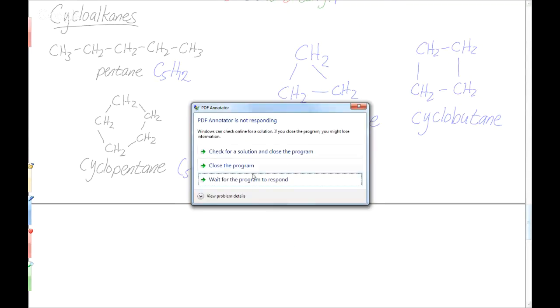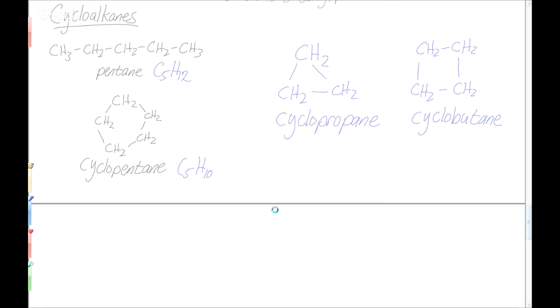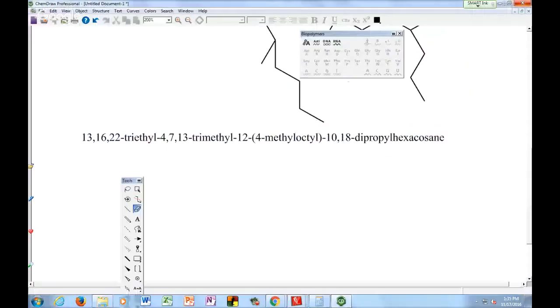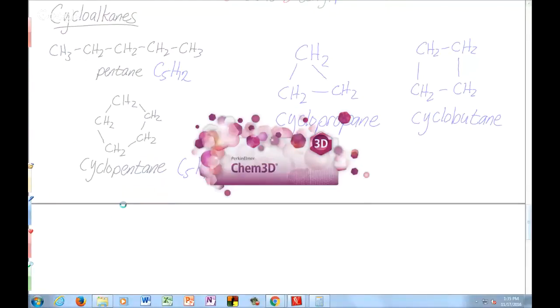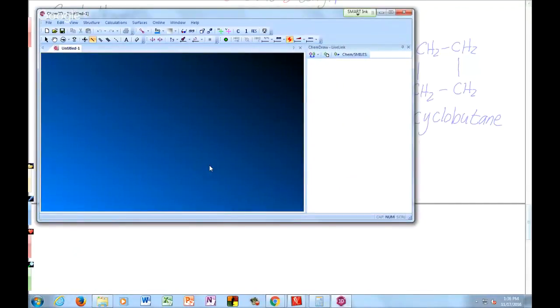Let's see if we can get the program to respond here. Anyway, cyclohexane has 6 carbons. Probably out of memory or something. If you had 6 carbons, you make a hexagon. I can't draw it right now because the program's broken.